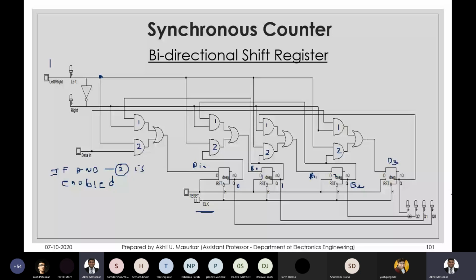That's it. If AND gate 2 is enabled, what we get here is a left shift. Data will flow like this: Q0, Q1, Q2, and Q3.